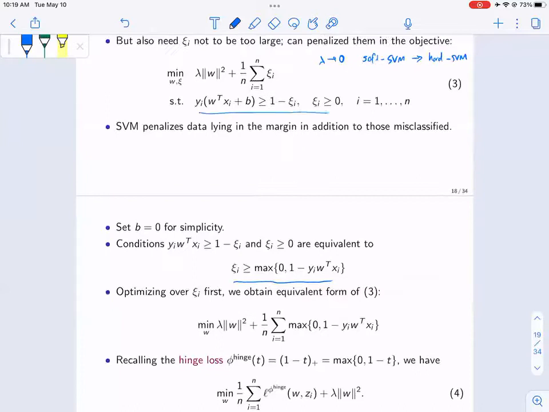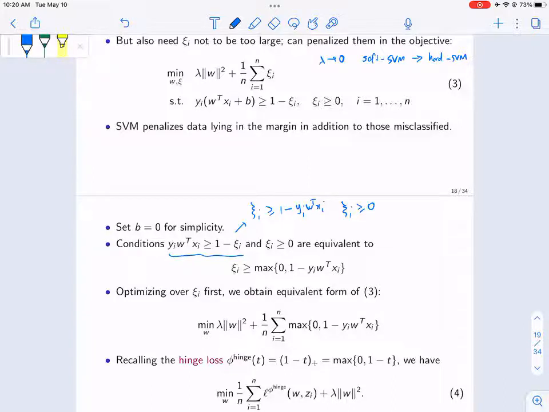Just writing these two conditions, this and this are equivalent to that. ξi is bigger than 1 minus yi wᵀxi, and the other condition is ξi greater than or equal to 0. These are equivalent to saying that ξi is bigger than the maximum of the two.